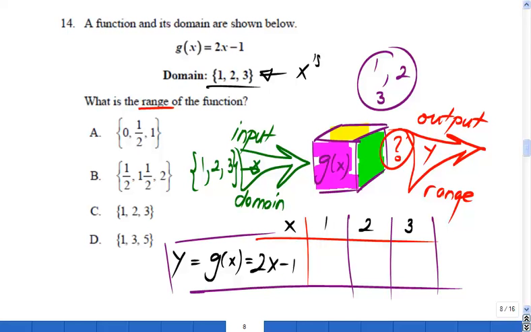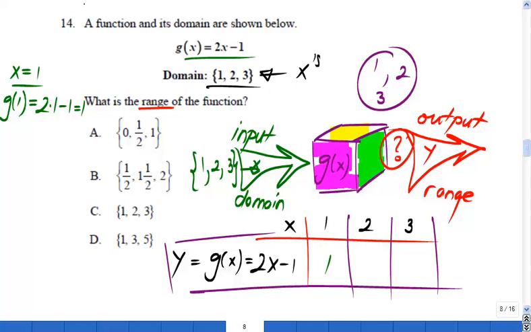So how is that going to happen? Well, easily. You're going to say x equals 1, the first number. And you're going to say, well, g of what? G of 1 equals 2 times x minus 1. 2 times 1 minus 1. Well, that is what? 2 times 1 is 2, minus 1 is going to be 1. That's your first output.